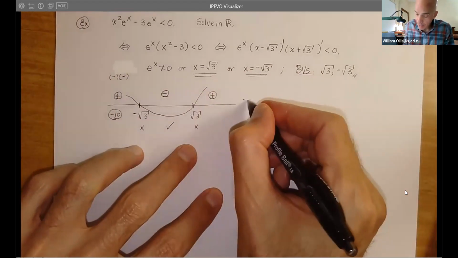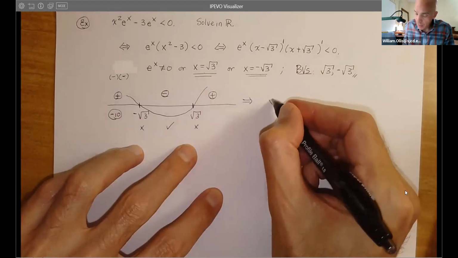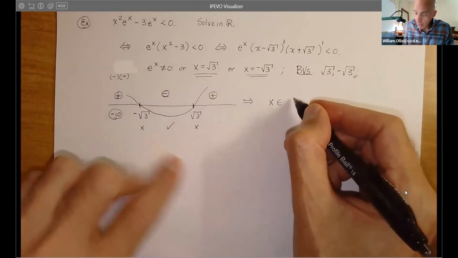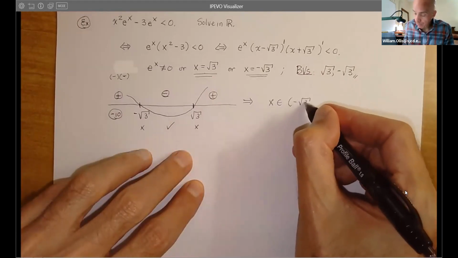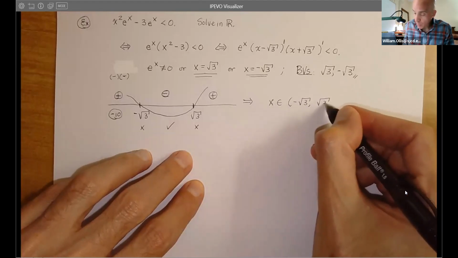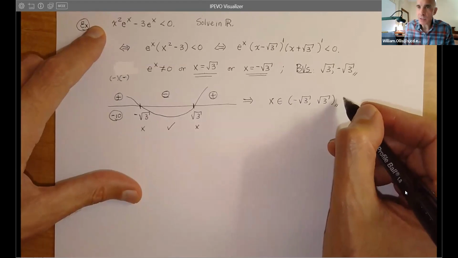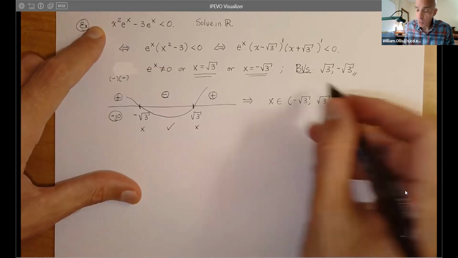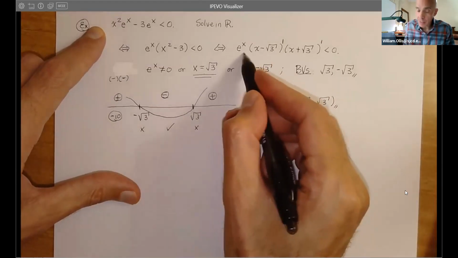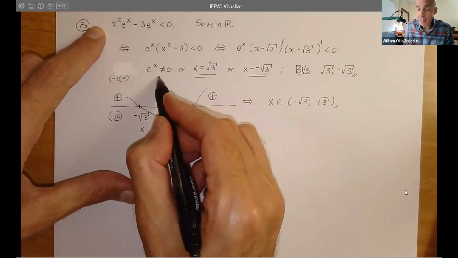So this implies that x will live between the negative square root of 3 and the positive square root of 3. So just looking at this, you don't have to worry that you don't know how to do it. You do know how to do it. The only additional piece of analysis was just recognizing that this is never 0, it's always positive.